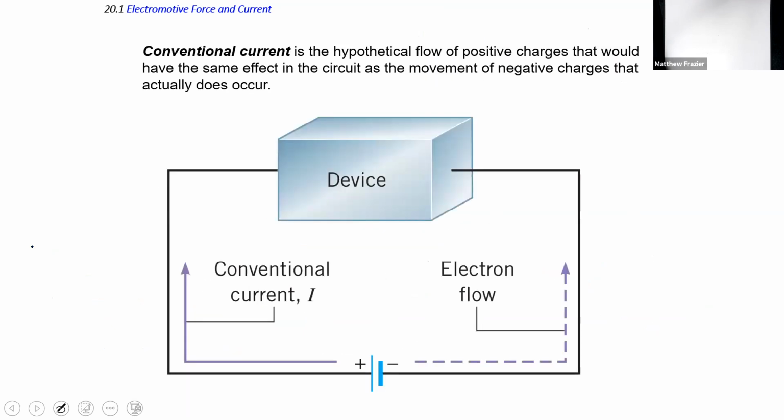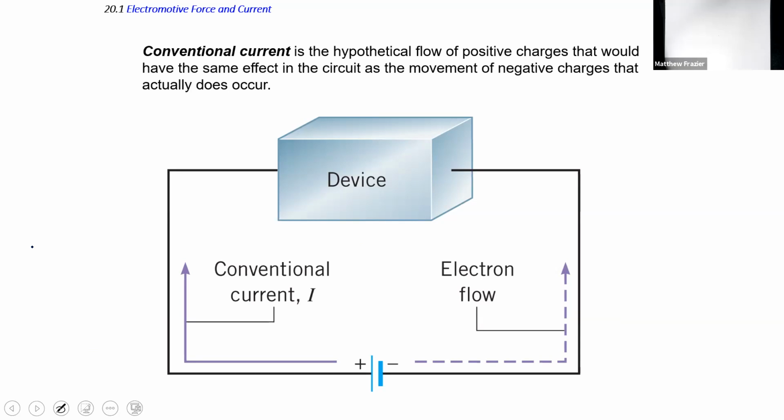I do want to talk about one other thing. Generally when we talk about current, we talk about what's called conventional current, which is we mentally model that positive charges flow from the positive terminal of a battery to the negative. They flow from high potential to low potential.